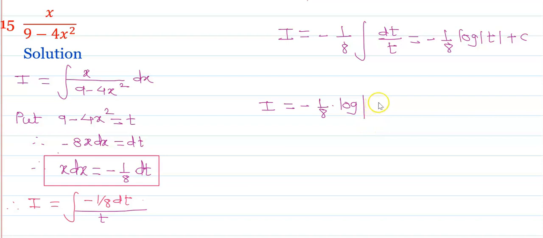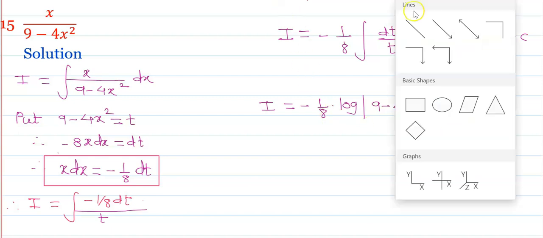T is 9 minus 4x square, mod complete, plus c. This is the answer.